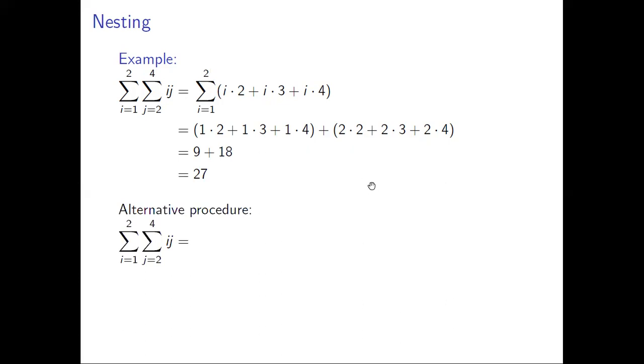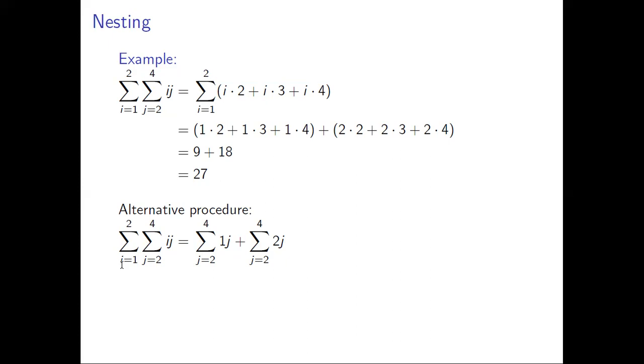Now, an alternative way to do it is like this. We can expand the outer sum first. If we expand the outer sum first, what we're left with is 2 inner sums. So we start with I equals 1. What do we have then? We have 1 times j for the inside.